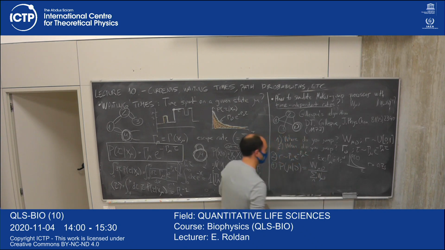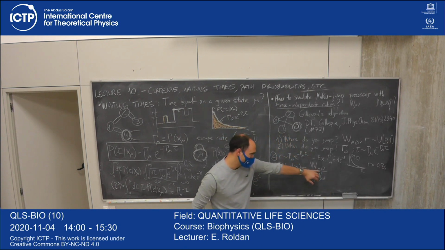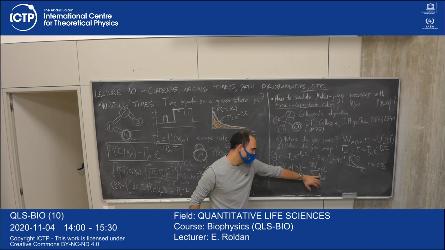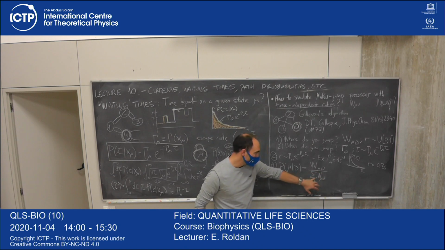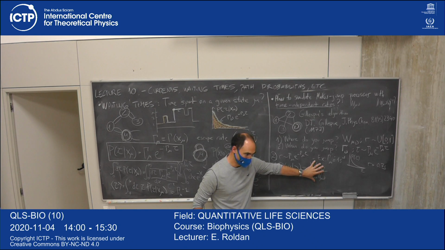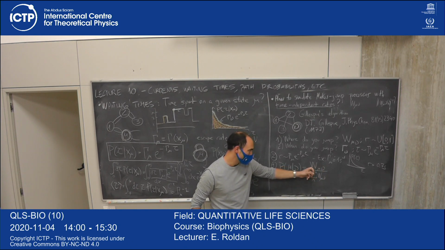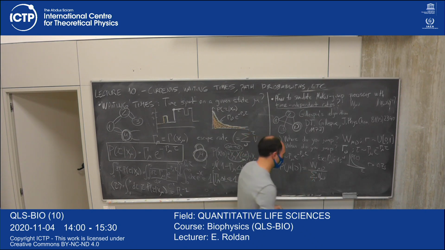What you see here is that this is the transition rate from nu to mu, and I divide it by the sum of all the transitions from nu to any other mu. So this number is smaller or equal than 1. Because W mu nu is a number, and here I'm summing all the W mu nus. They're all positive. So this number is always smaller or equal than 1.